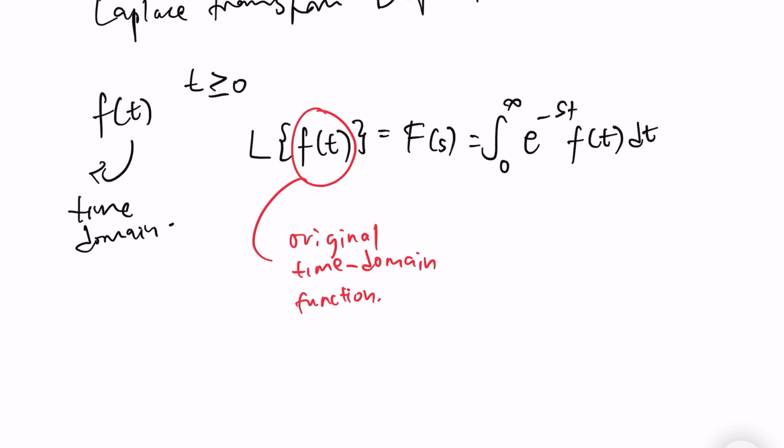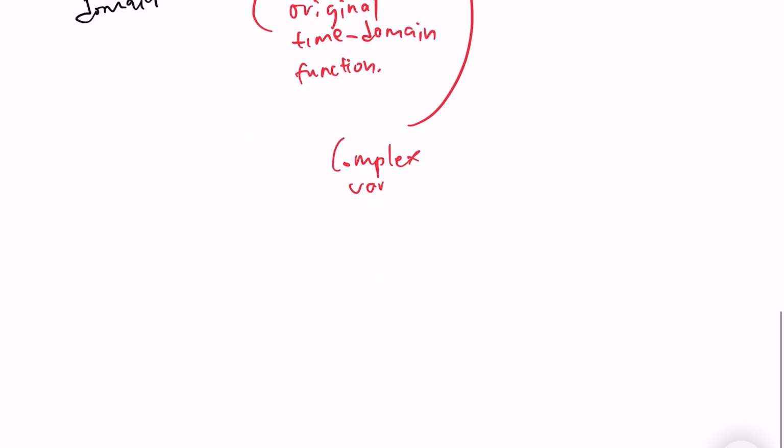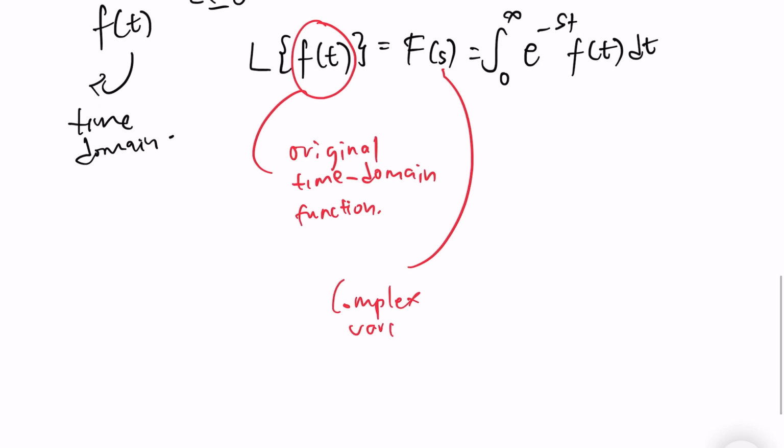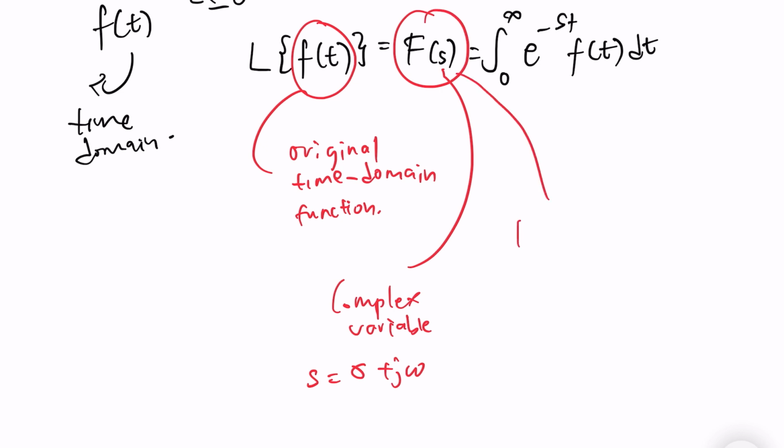What is s? s is the complex variable, s equal to sigma plus jw. I think you have learned this before in matriculation. And then Fs is the Laplace transform of ft. Okay, this is equivalent to the Laplace transform of ft.